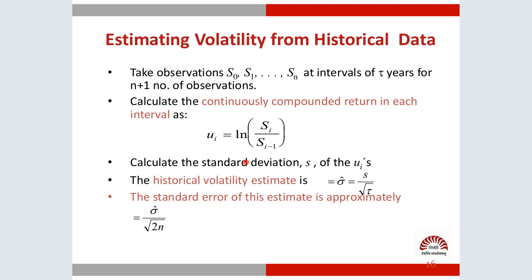There may not be any call options trading in the market at this point in time. There will be only put options trading. What will you do? Well, as long as the underlying asset on which you want to price the new option is the underlying asset for an option which is trading in the market.